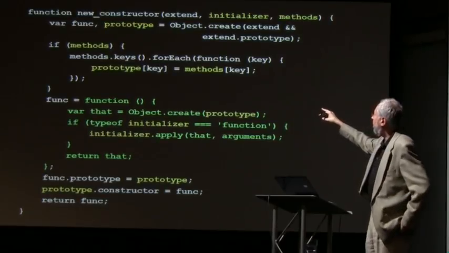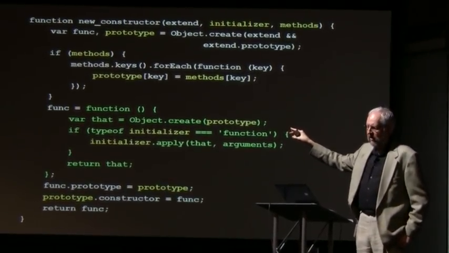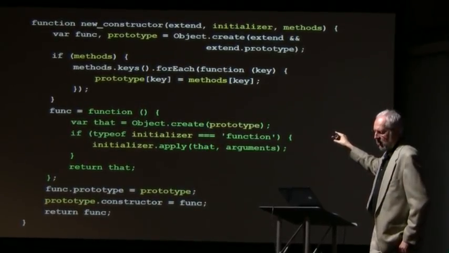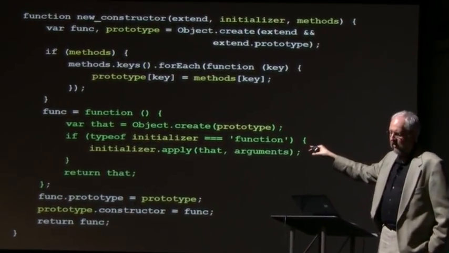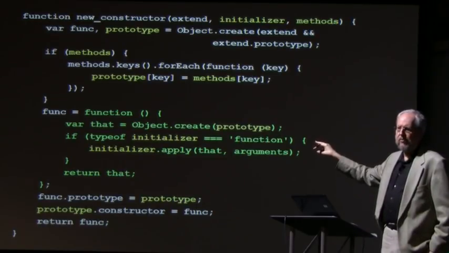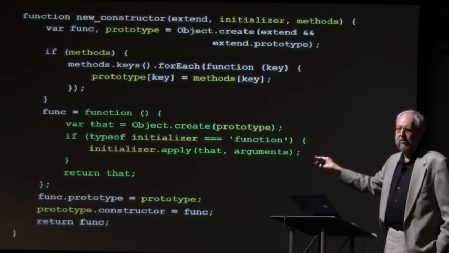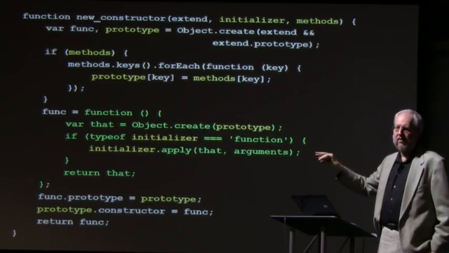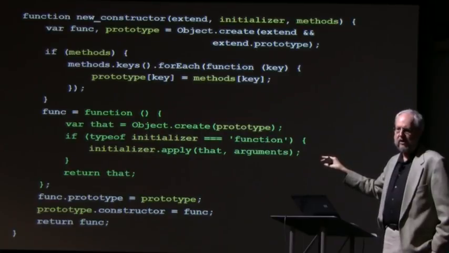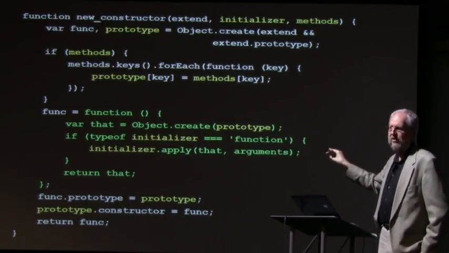First thing it does is it creates the prototype object, which it makes by calling object.create. And then if there are methods available, it will call the keys method. This is a new thing in ES5. Call the keys method, which will return an array of all of the own keys of that object, which is really nice because an array has a forEach method.